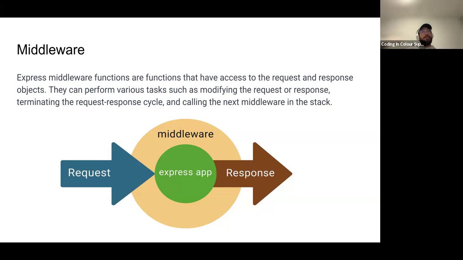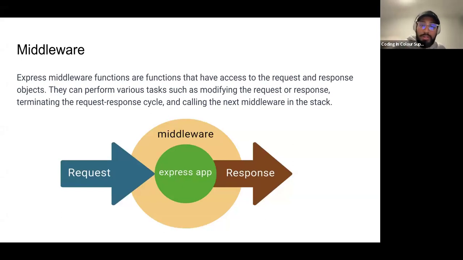Remember, we were talking about how mock API doesn't really allow us to make changes while it's actually working through the process. Middleware is something that will help us with that. So that's where this is different from tools like mock API.